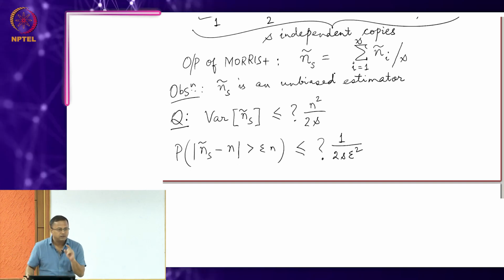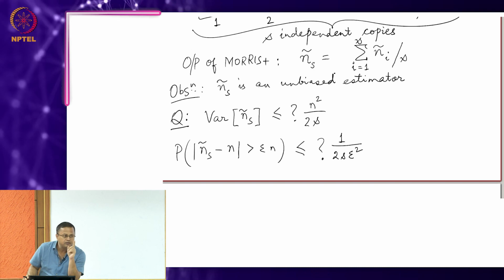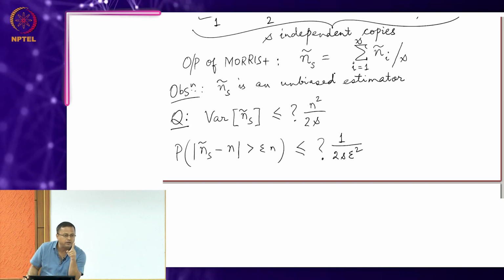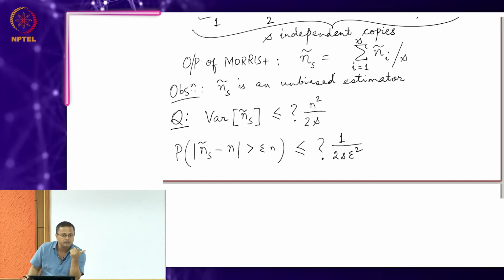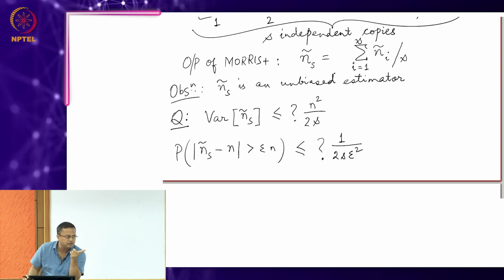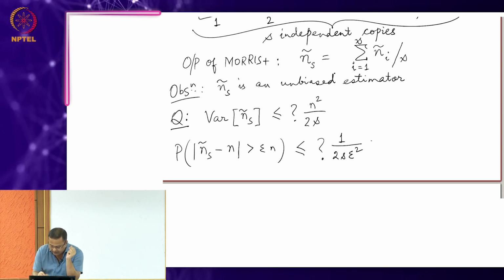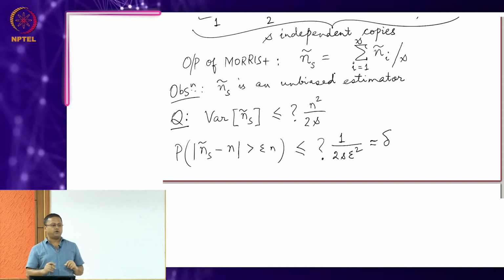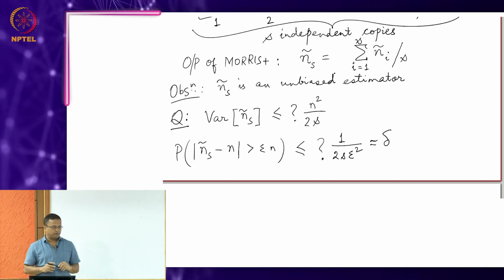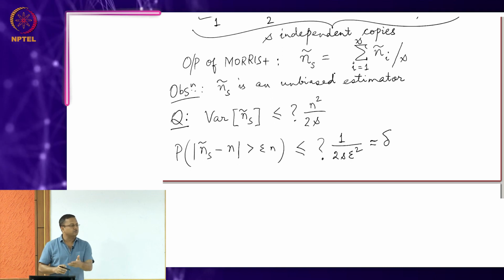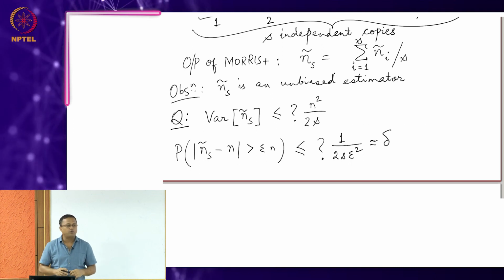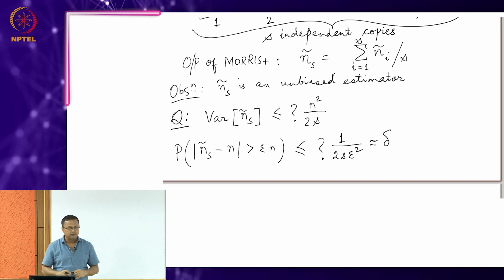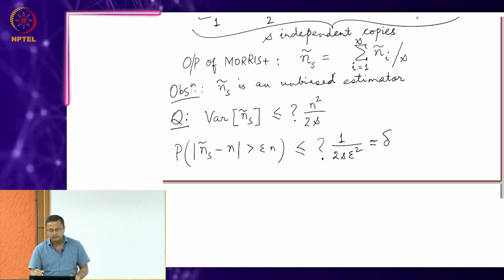Now see what I said, that I want a good error probability. For that I am spending space, right. So what I do is I set this error probability approximately to delta that I want. So now you solve this equation to know what S is. Got it?